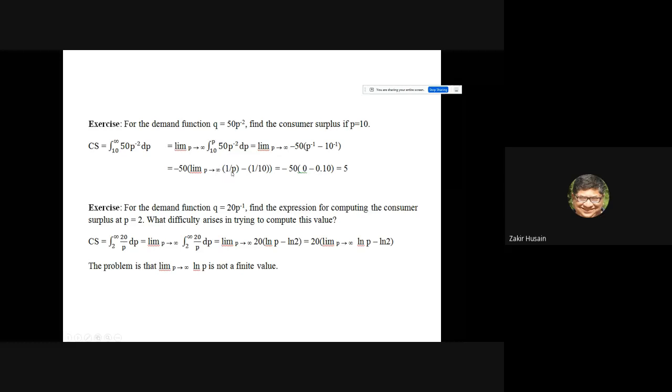But if you think about it, what is the price at which quantity will become infinite? The price will be 0, I mean, it tends to 0. So we simply put 0 over here and we get 50 by 10, which is 50.